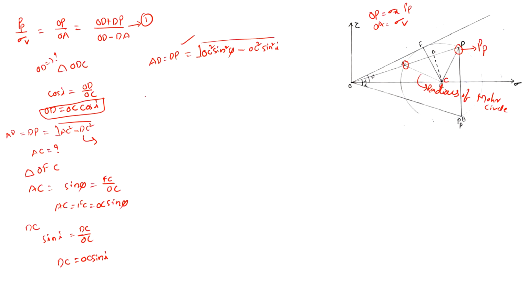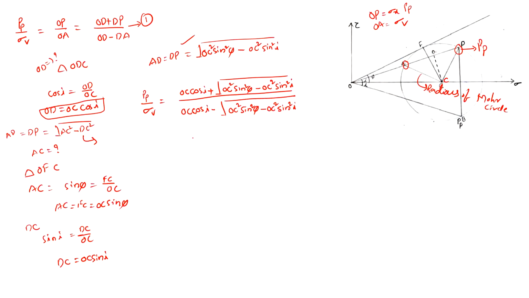So I will write here PP divided by sigma V equals OC cos i plus root over OC square sin square phi minus OC square sin square i, divided by OC cos i minus root over OC square sin square phi minus OC square sin square i.